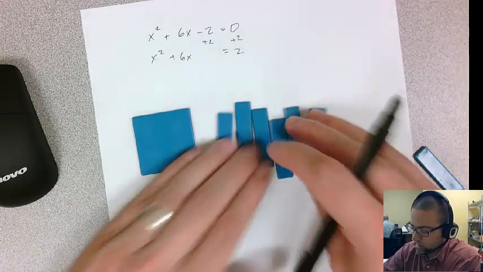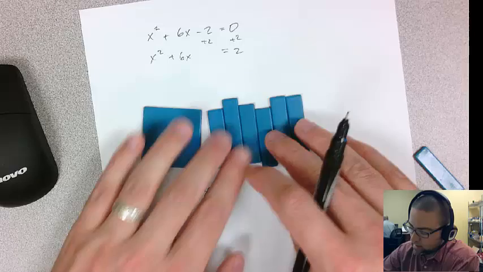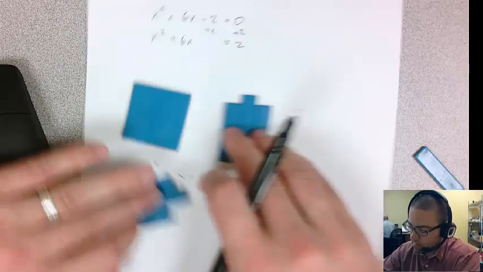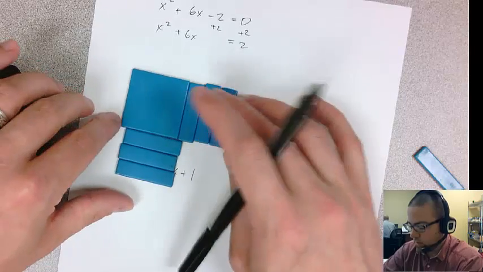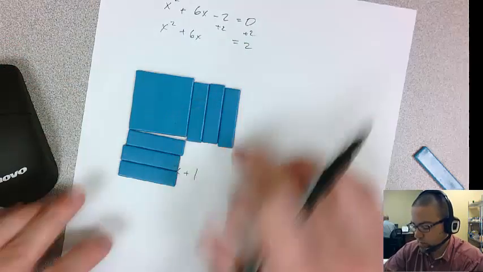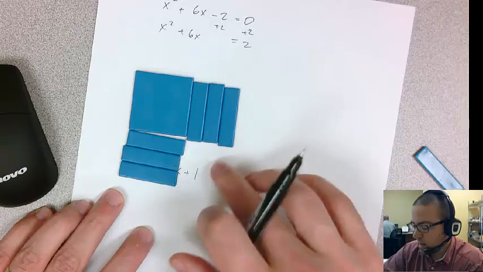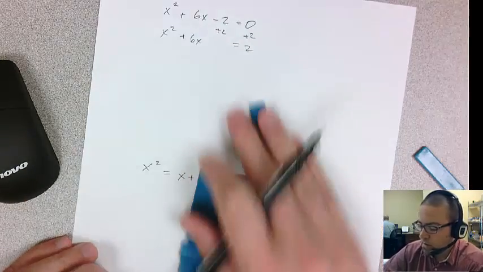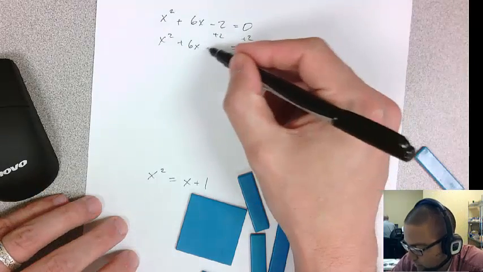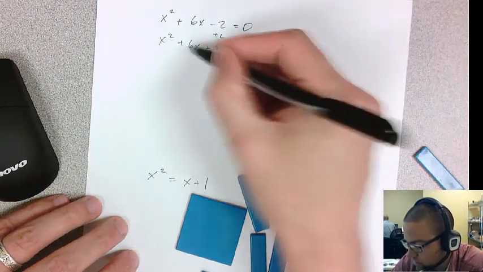So I have 6x's here. And then I'm going to split it in half and make it into this nice square that would be x plus 3 and x plus 3. So I need 9 units to go in that spot right there, 3 times 3. So what I want to do is have a plus 9 here so that this is a perfect square.